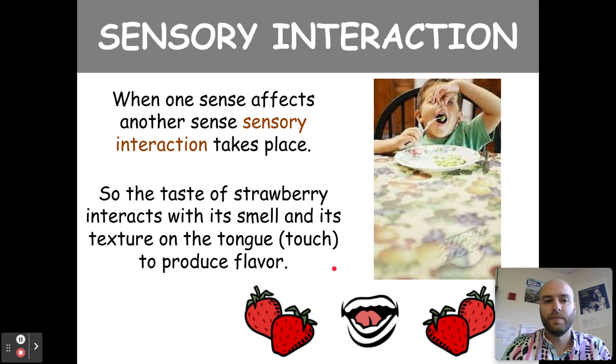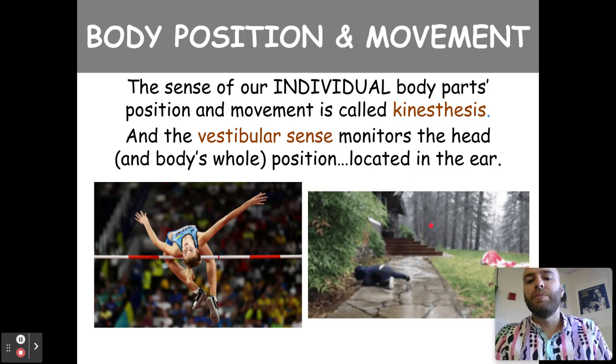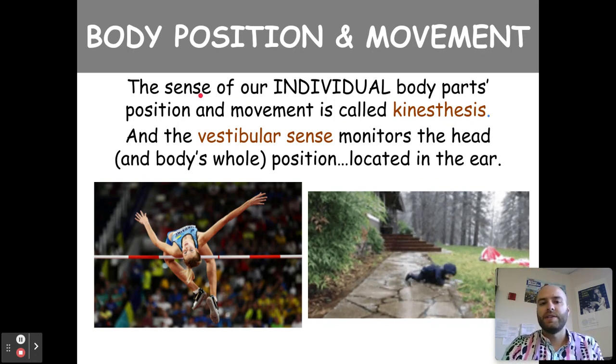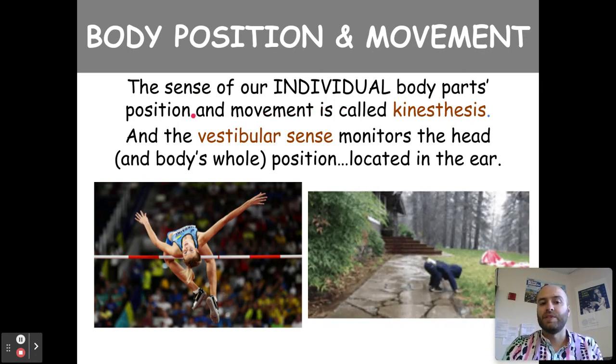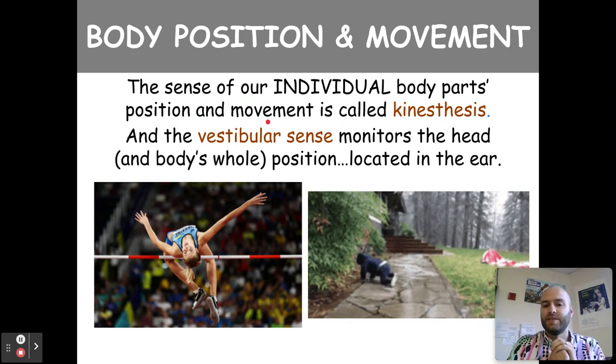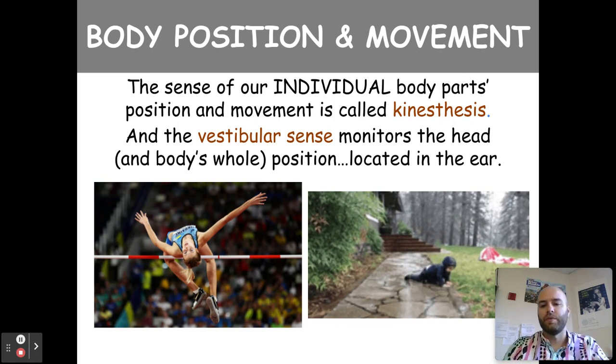Our last thing is our sense of body position and movement. There's a couple important terms here. The sense of our individual body parts' position and movement in space. That's called kinesthesis. Are you aware of where your body parts are while you're moving, while you're performing a task?